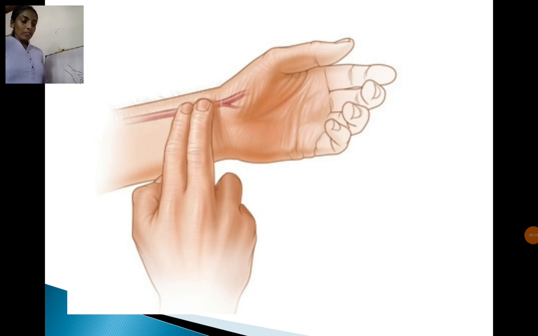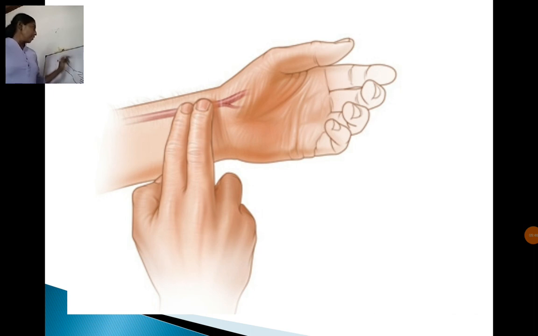You can count the pulse for 15 seconds, 30 seconds or 60 seconds. For 15 seconds, multiply the pulse count by 4 to get the pulse rate per minute.